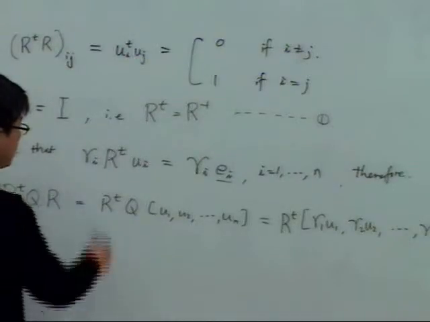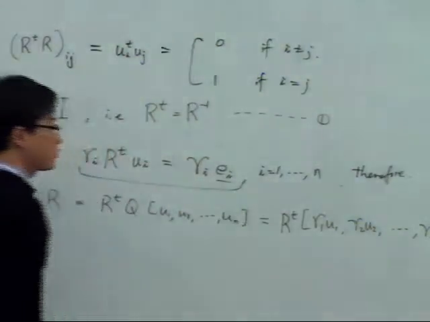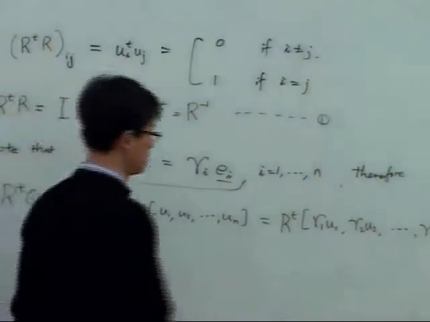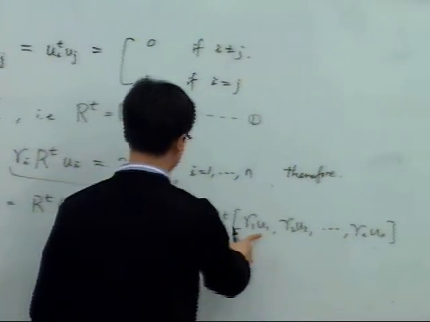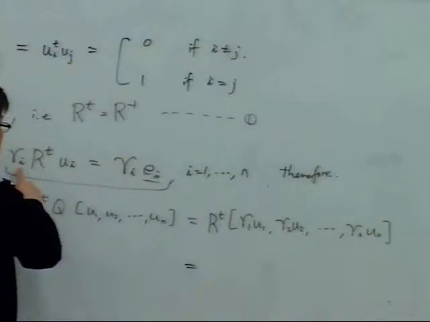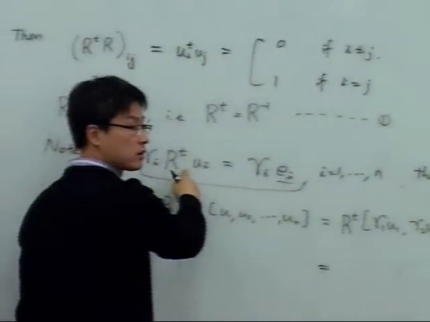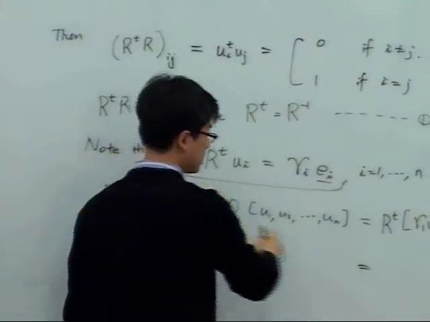Okay, and from this property, lambda is a scalar, so it can be here or there.